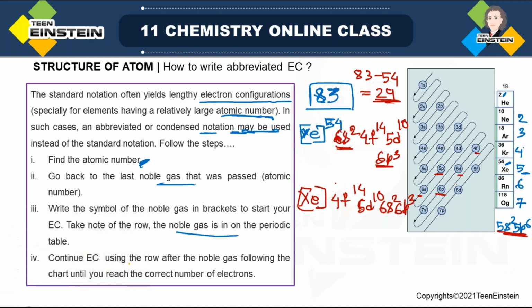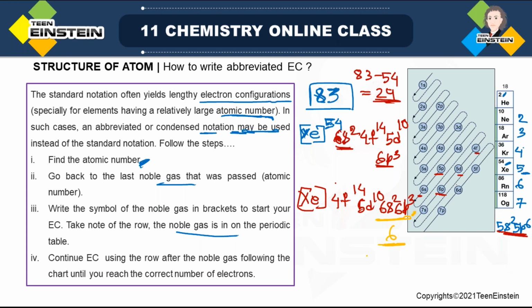And from this, you can see the principal quantum number is 6. It is from the 6th period. So from this electronic configuration, you can predict the period. Period is 6. You can also predict the block. The block is P, because the last electron is entering 6p. So now you know the position.